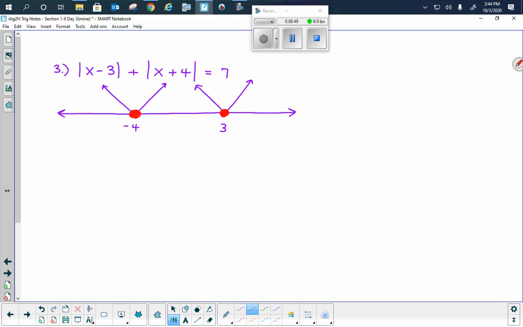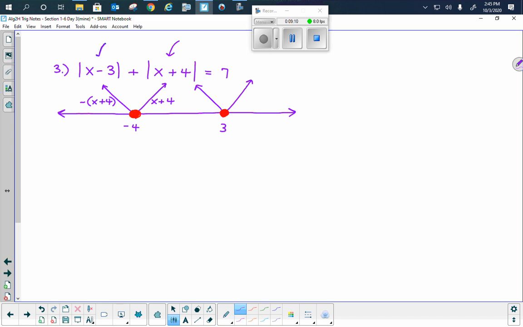Okay. Now let's get our equations. Okay, nothing changed. So on the -4, I'm looking at this guy, right? So I'm either going to get y equals x plus 4, that is the positive slope, or y equals the opposite of x plus 4, that would be the negative slope.